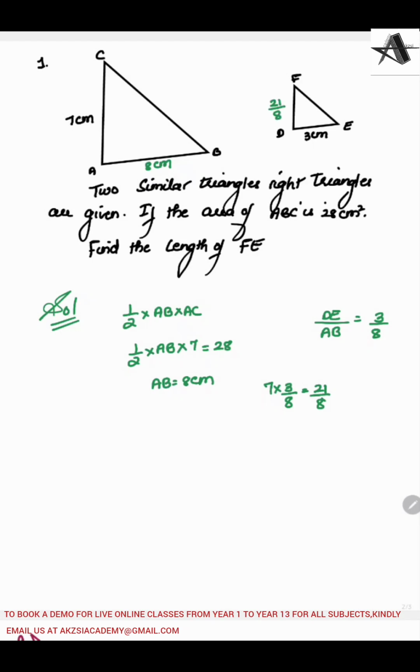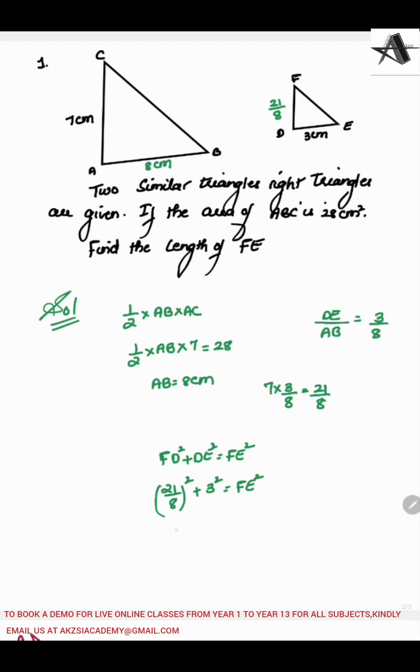As it's a right angle triangle and they are asking you to calculate FE, FE is the hypotenuse. So applying the Pythagoras theorem, it will be FD squared plus DE squared is equal to FE squared. So FD squared is 21 by 8 whole squared plus DE is 3 centimeters.